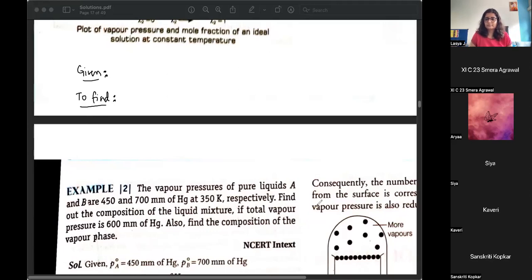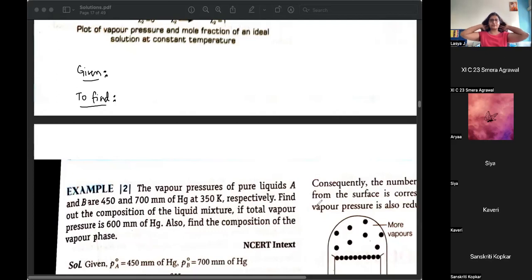Is temperature of any relevance here? Numerically, it's not of any relevance, but it helps that at a given temperature, that temperature is constant. Conceptually, as I said, vapor pressure will change with temperature.